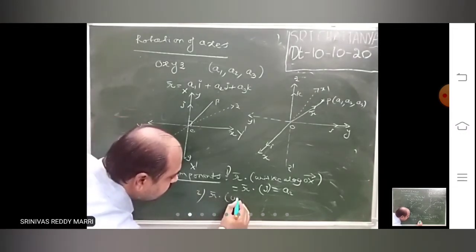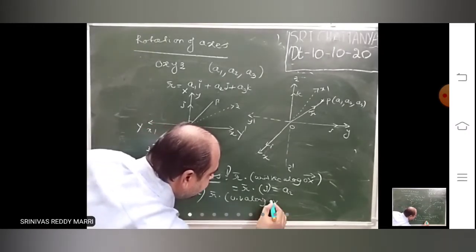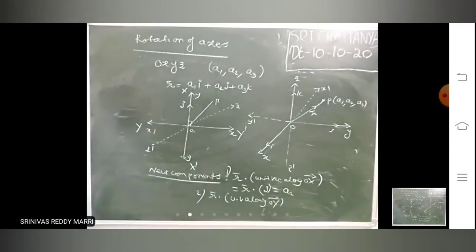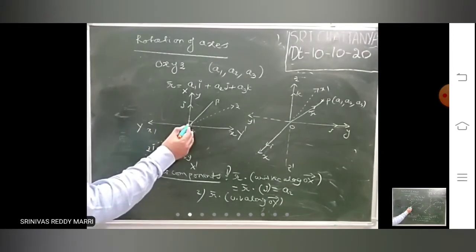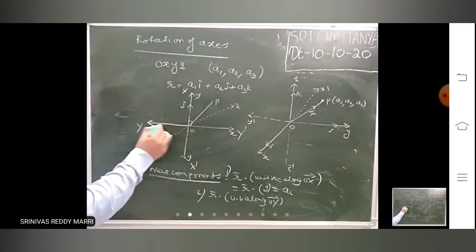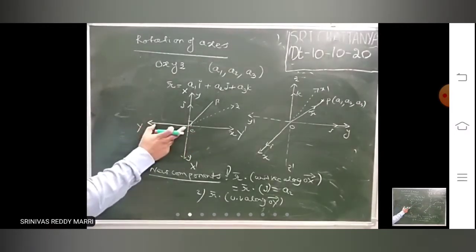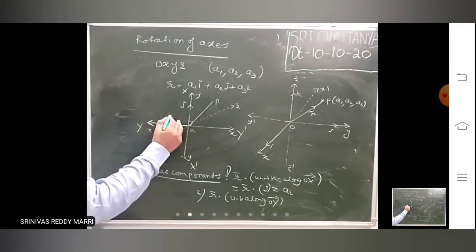R bar dot the unit vector along OY bar, the new y-axis. Where is the new y-axis? The new y-axis, OY bar, coincides with OX dash. So in this direction, what is the unit vector? Minus I cap.